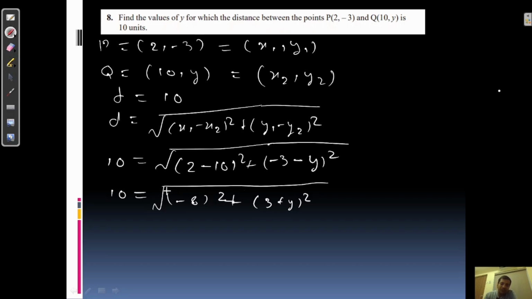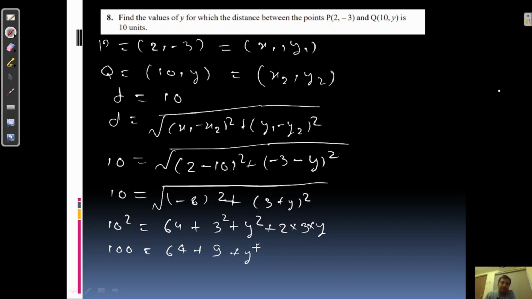This whole square root, I will send it here, it will become a square. (-8) square is 64, the square of a negative number is positive, plus (a plus b) whole square, which is a square plus b square plus 2ab. So 10 square is what? 100. 64. Say with me. 3 square is what? 9 plus y square plus 6y.